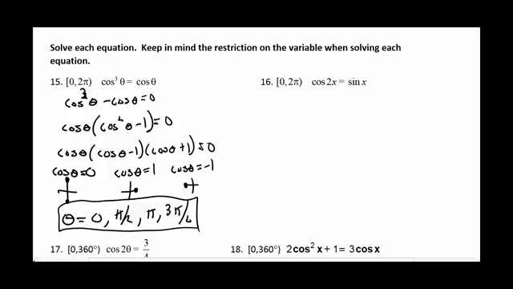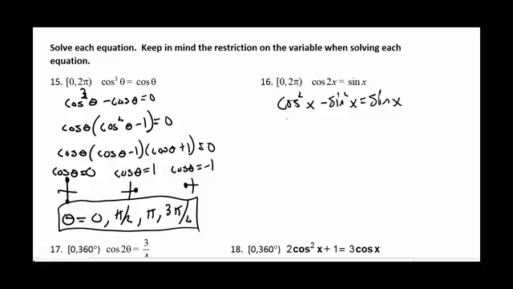Number 2, cosine 2x equals sine x. All right, so in this case, I'm going to just use a double angle identity. Let's do cosine squared x minus sine squared x equals sine x. Again, there's multiple ways to get this.